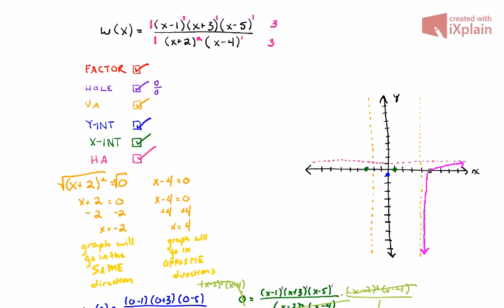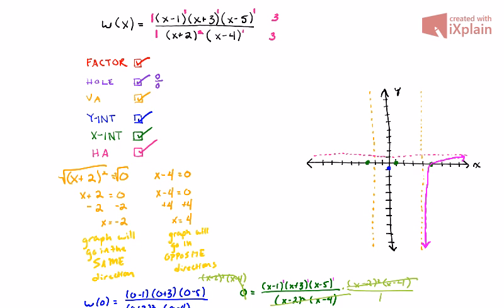So we also noted that for this particular vertical asymptote at x is equal to 4, things are going to go in the opposite direction. So since this one went down, this one must be going up. So I'm going to hug this vertical asymptote. I am going to cut through the horizontal asymptote here, but remember that when it's closer to the origin, it's weaker, so I am allowed to cut through here.